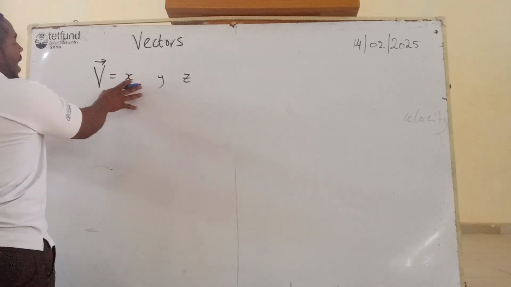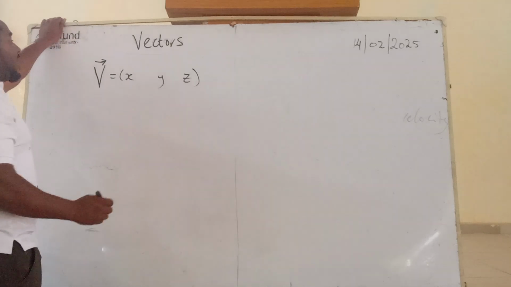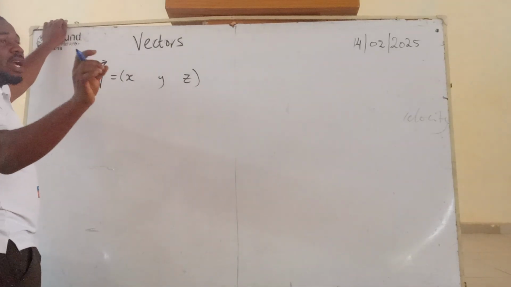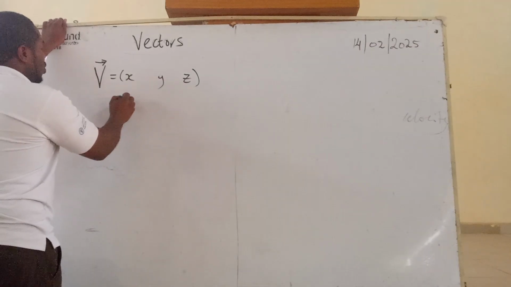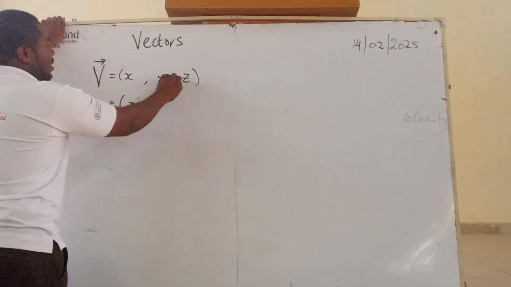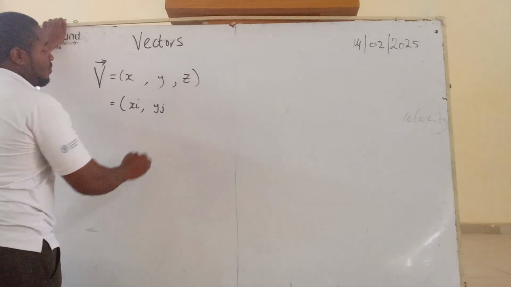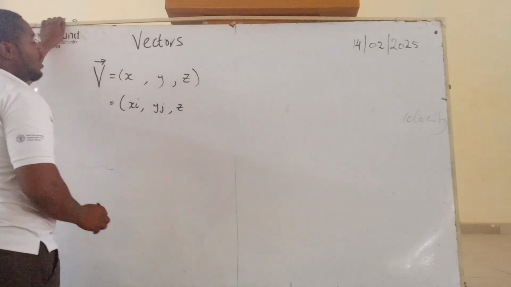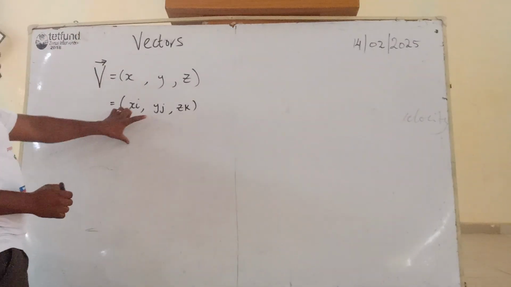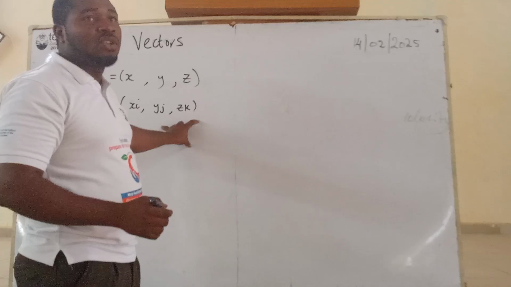Now, the fact that we have these three components, we used to associate x with the vector notation i, y with j, and for the z component, we used to associate it with k. This enables us to add vectors together and to multiply vectors together.